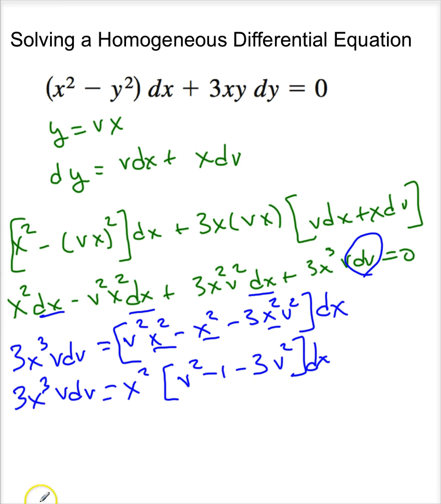Okay, so I need to separate this out a little bit. First of all, I can get rid of these two, and I'm left with 1 here. So 3x v dv is equal to v squared minus 3v squared, which is minus 2v squared, minus 1 dx.